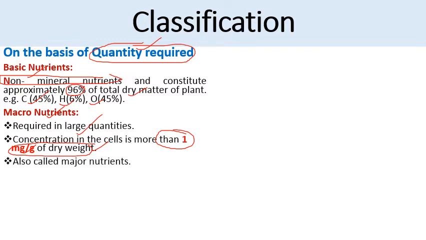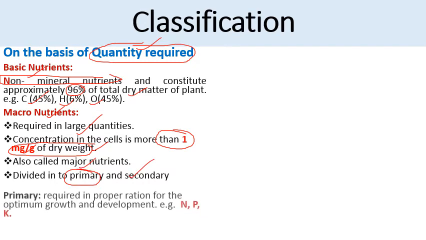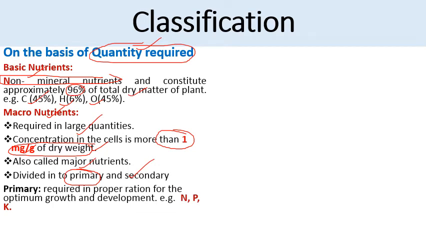These are also called major nutrients, and they are divided into two categories. One is the primary major or macronutrients, and the second is the secondary macronutrients. First is primary. These are required in proper ratio for optimum growth and development. For example, we have nitrogen, phosphorus, and potassium.